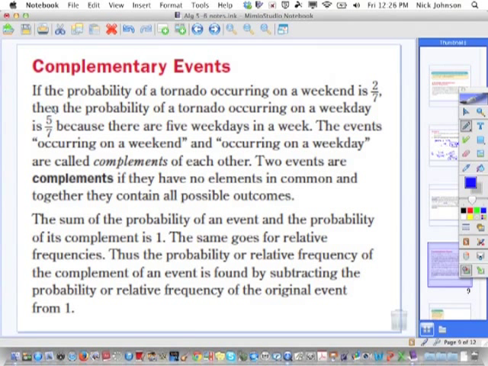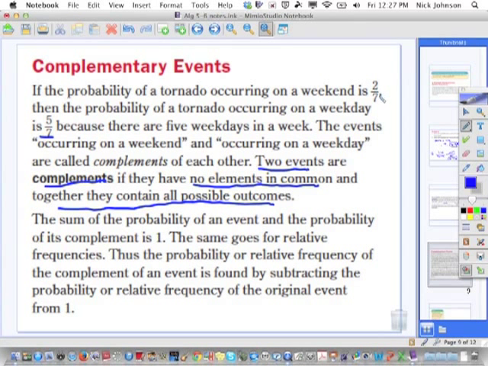Complementary events. If the probability of a tornado occurring on a weekend is 2/7, then the probability of a tornado occurring on a weekday is 5/7, because there are 5 weekdays in a week. The events occurring on a weekend and occurring on a weekday are called complements of each other. 2 events are complements if they have no elements in common, and together they contain all possible outcomes.